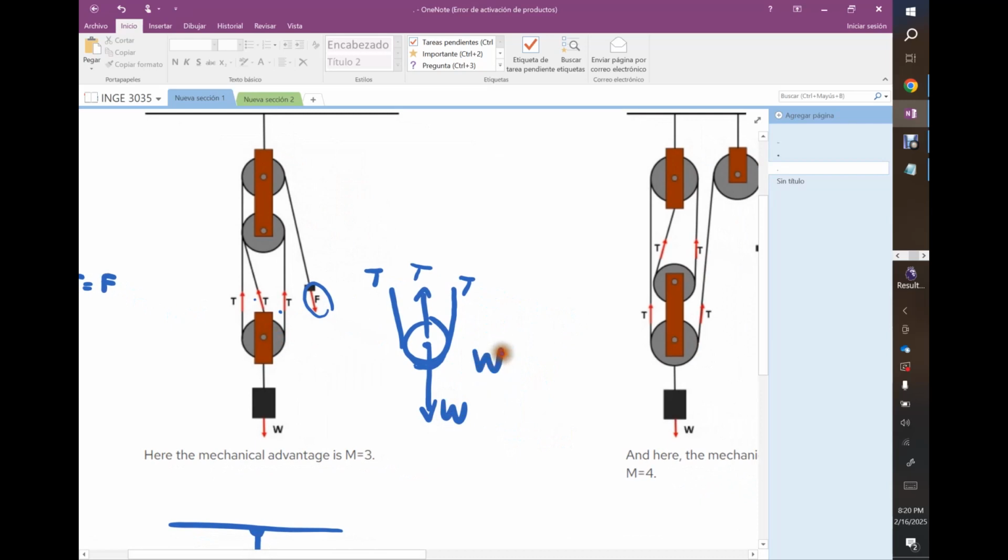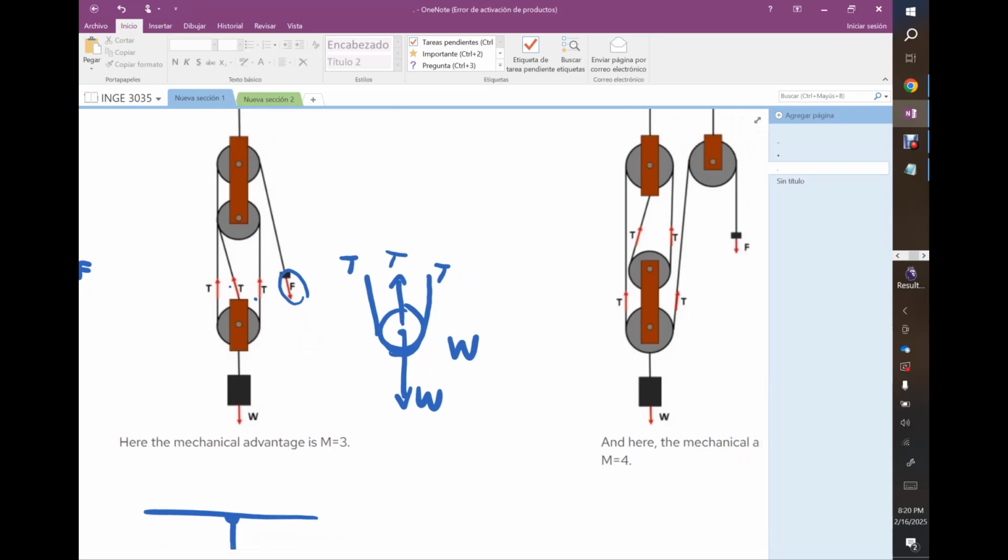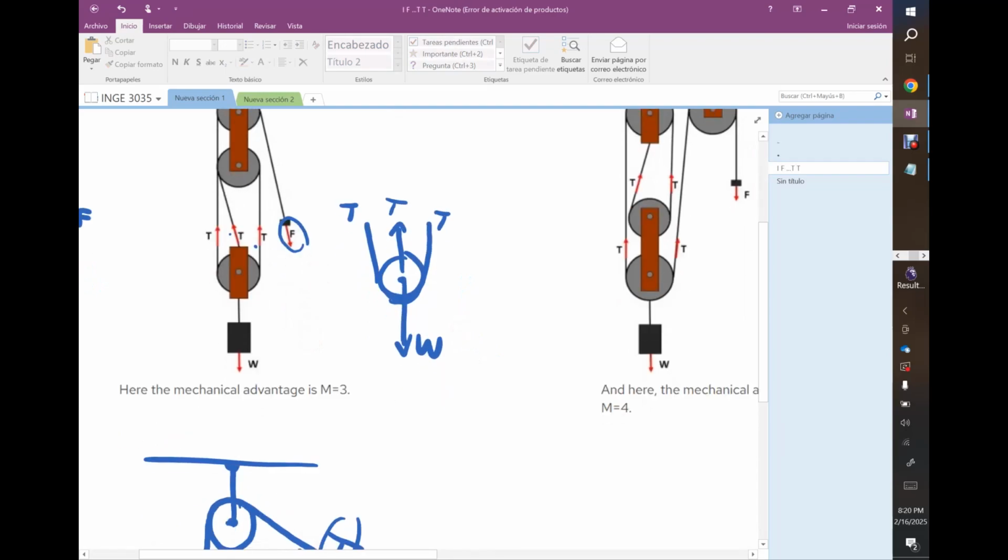If I do a force diagram in the Y direction, because it's only Y that is available, let's say that the sum of all the forces in the Y direction is equal to 0.